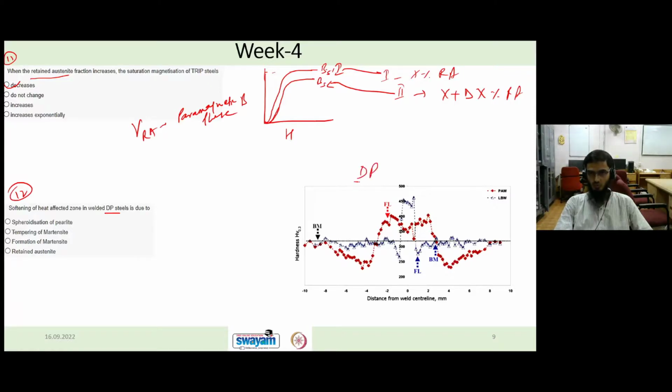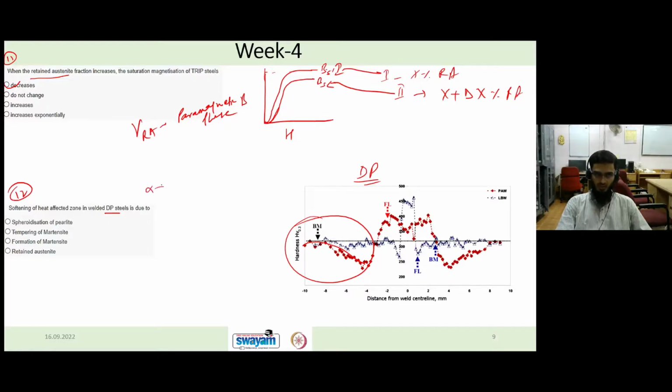This graph is for DP steel, and we have used two different welding processes: plasma arc welding in one case, denoted by this, and laser beam welding in the second. You can see the hardness decreases in the heat affected zone. So this decrease in hardness in the heat affected zone of dual phase steel is due to what?